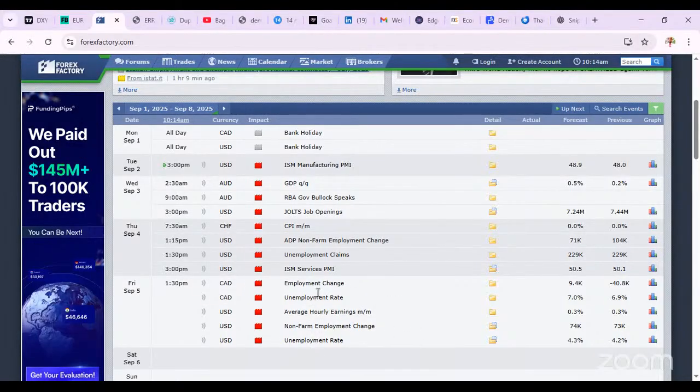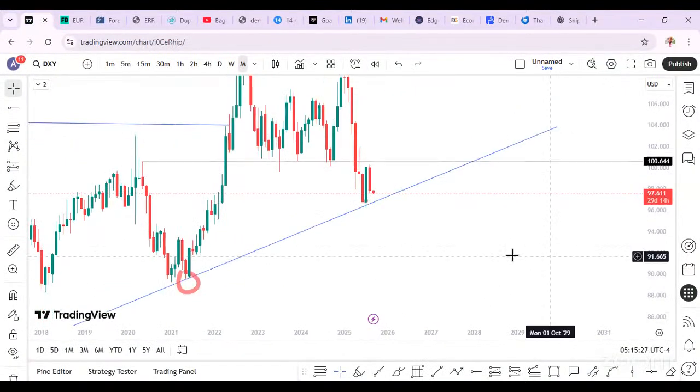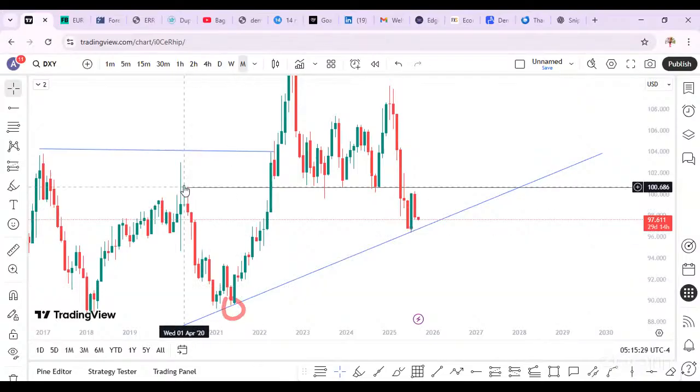From now till Friday, I think the market will be a little bit slow, building up for NFP day. So now, we will just focus on the chart and allow fundamentals to do their thing.